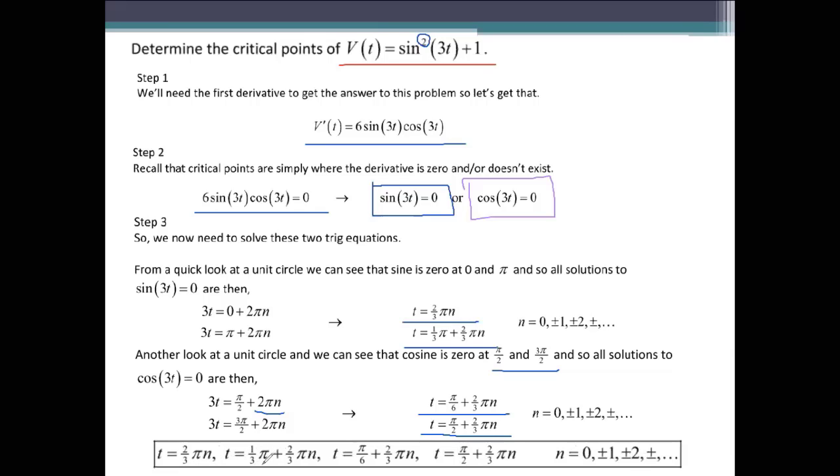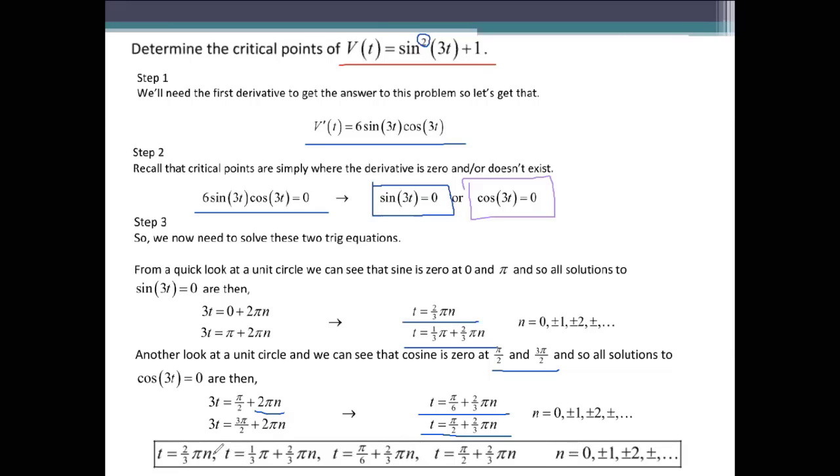The next one is 1 over 3 pi plus 2 over 3 pi n. The next one is pi over 6 plus 2 over 3 pi n, and the last one is pi over 2 plus 2 over 3 pi n. But it doesn't mean that we have just 4 critical points. That's not correct. We have more, in fact many critical points.